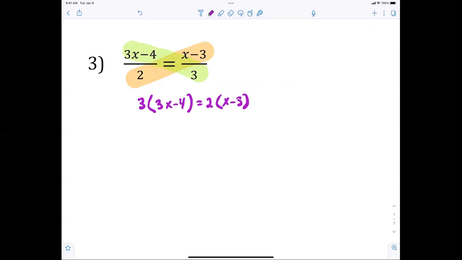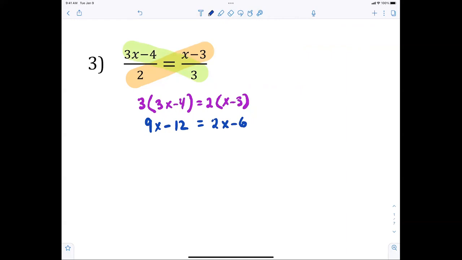Now, if you want, you can just go ahead and straight distribute. All right, so what do I mean by that? When I distribute the 3, it becomes 9x minus 12 equals 2x minus 6. That's how you solve a proportion.